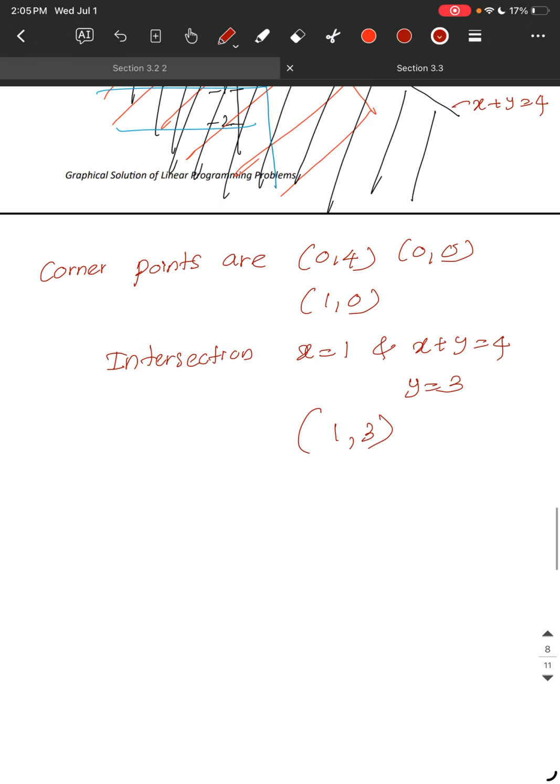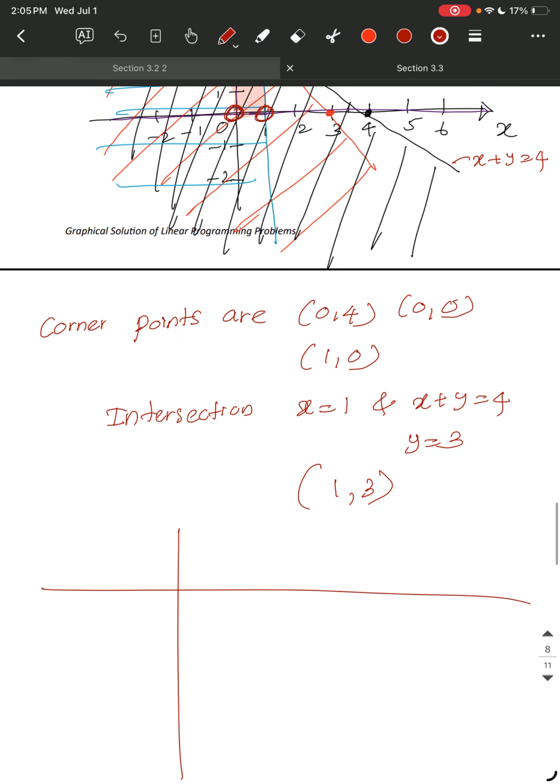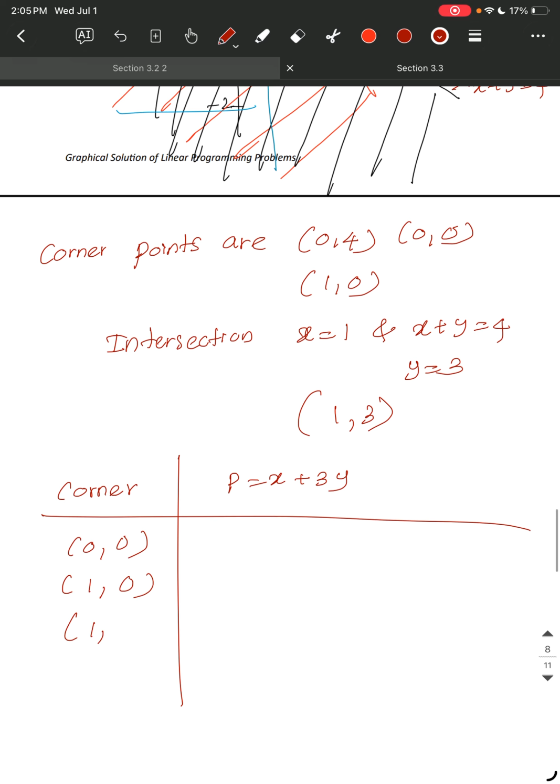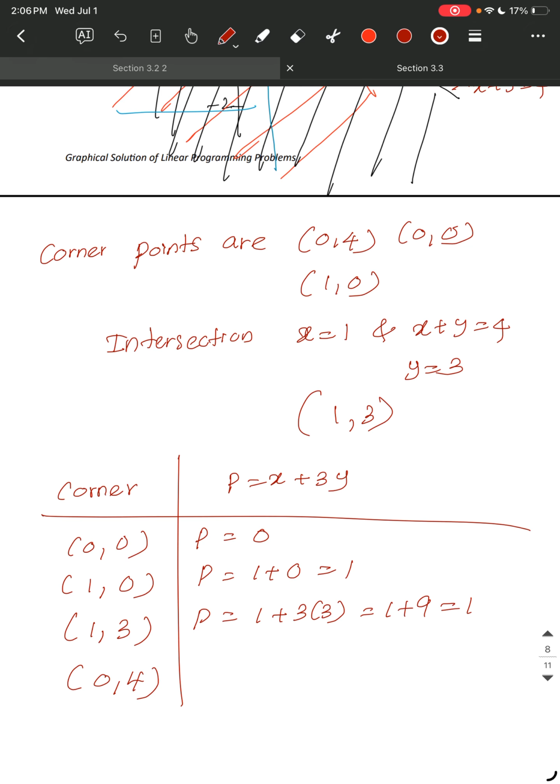And evaluate the objective function. The objective function p equals x plus 3y, at corner points (0, 0), (1, 0), (1, 3) and (0, 4). So p equals 0; p equals 1 plus 0, 1; p equals 1 plus 3 times 3, 1 plus 9, 10; p equals 0 plus 3 times 4, 12.